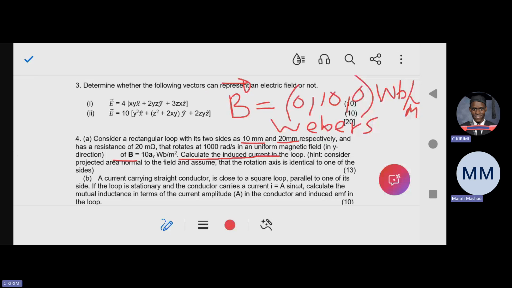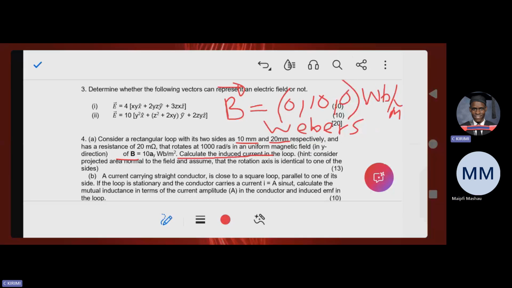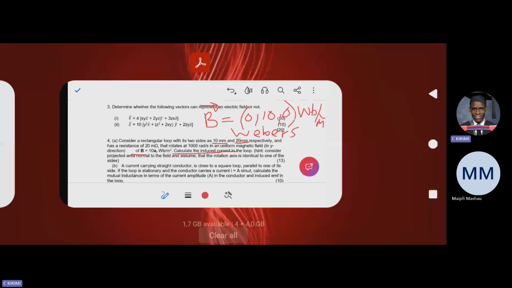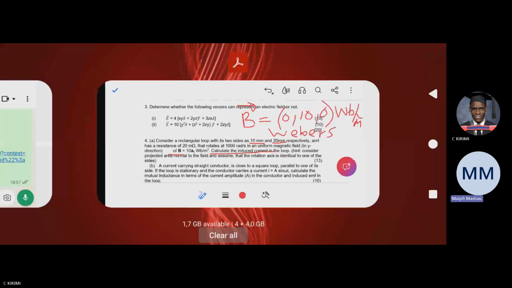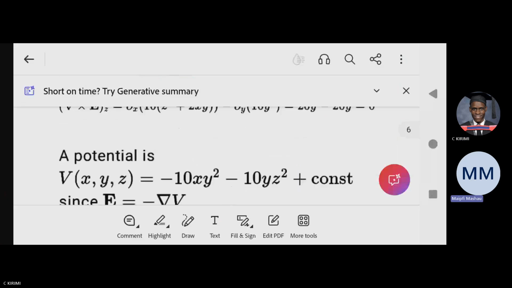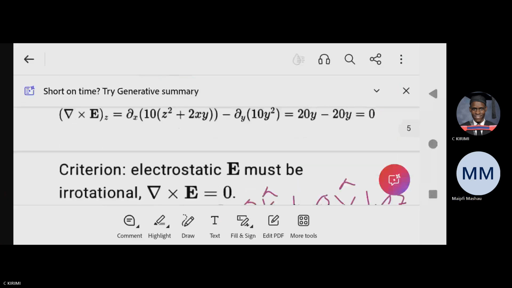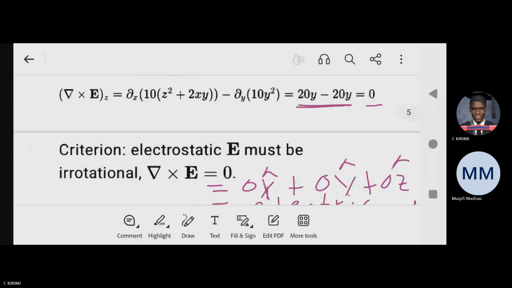So basically, we just need the formula to deal with this problem. Number 4.